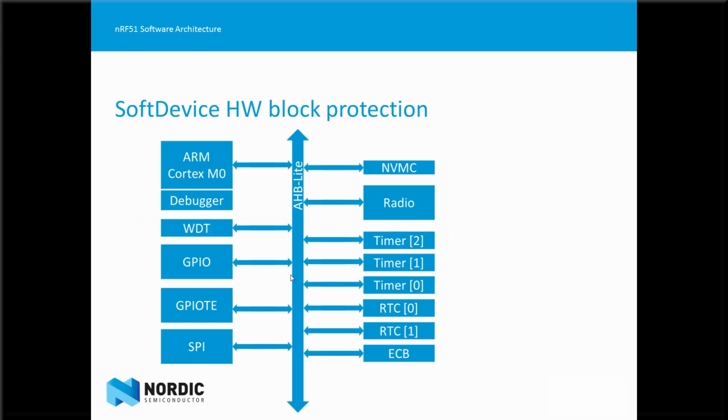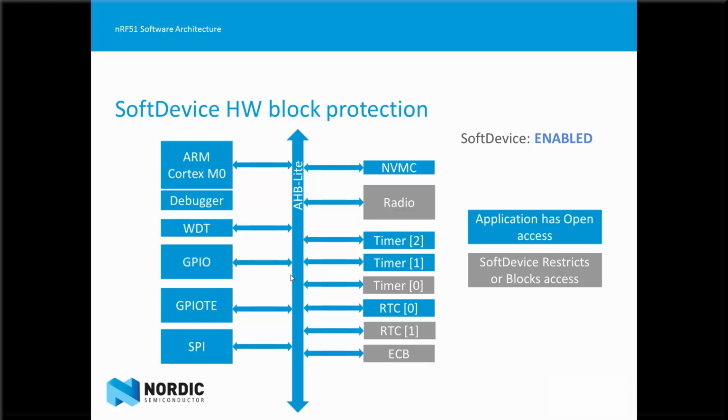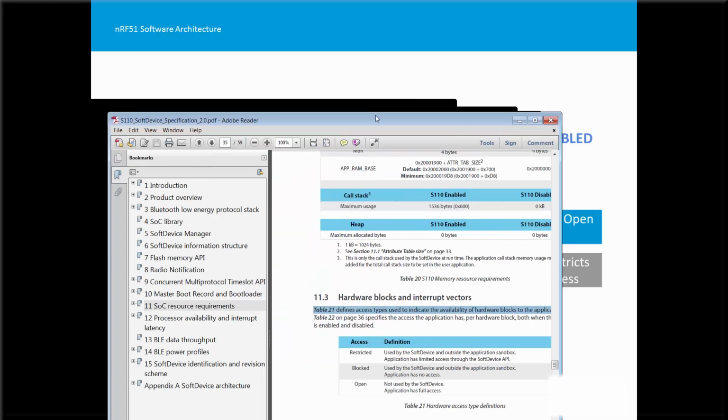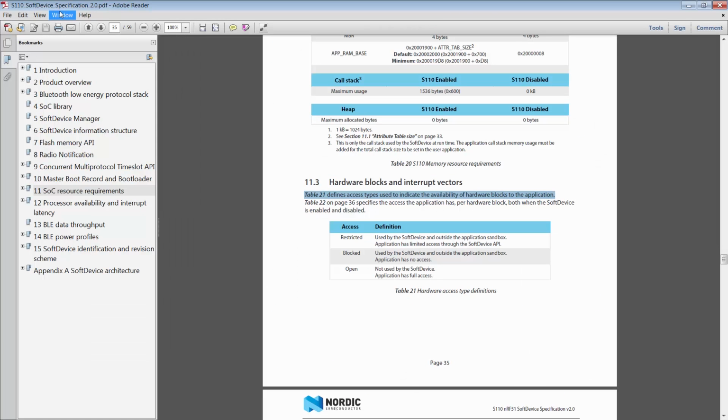So here is an example of the peripherals on the chip. When the SoftDevice is disabled, all the blue blocks are accessible from the application, but when the SoftDevice is enabled, some of the peripherals will be restricted or blocked, and you can find the complete list of the blocked resources by looking at the SoftDevice specification.